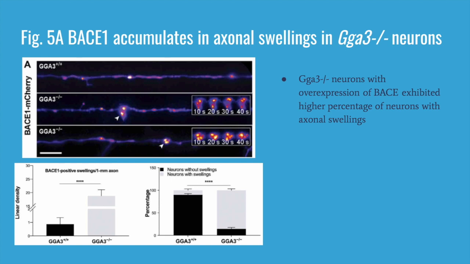And then on the bottom, they quantified these by looking at the linear density of the BACE1-positive swellings, and then also the percentage of neurons with swellings and neurons without swellings.